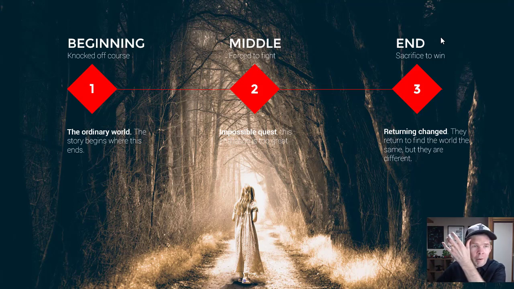Even like in a romance plot, this is really common, where they finally see that they love the other person enough to give up control. Even if they can't have that other person, they want that other person to be happy. They stop acting out of self-interest and they start acting for the interests of others. That's why I have sacrifice to win.